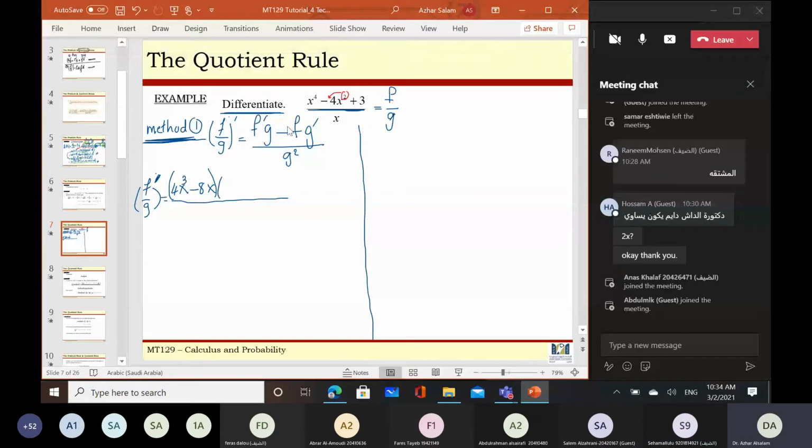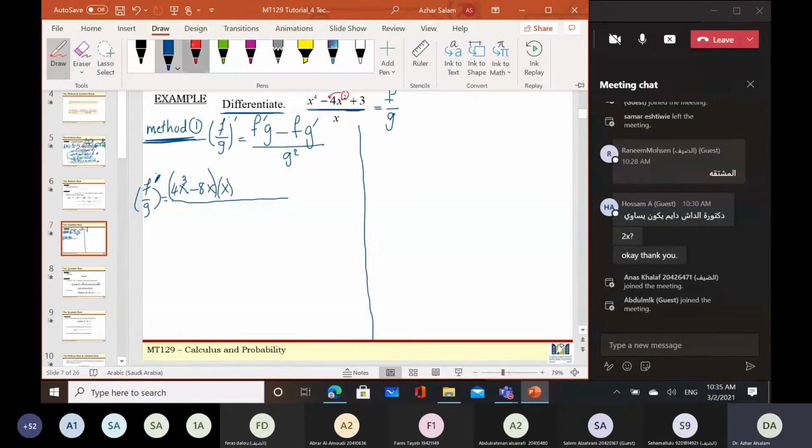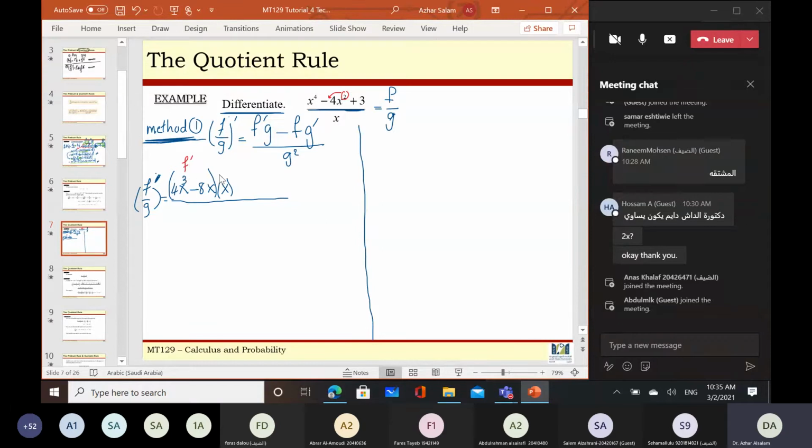Then multiplied by g. I bring down the function g, the denominator function, without any change. Okay, this one, do not forget, this one is f dash and this one is g without differentiation. Okay, then minus, this is from the rule, minus, I will write now f multiplied by g dash.